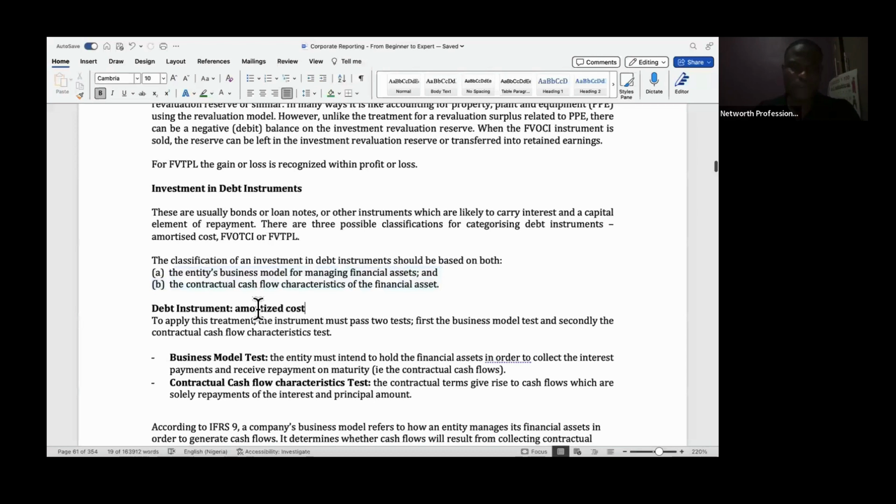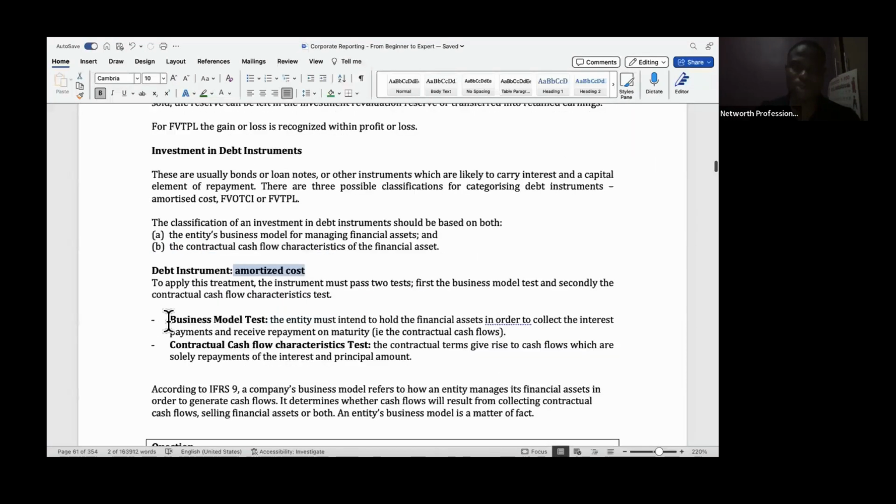So before you can classify at amortized cost, number one, your business model must be that you would collect interest and principal. And of course, you also receive your repayment at maturity.